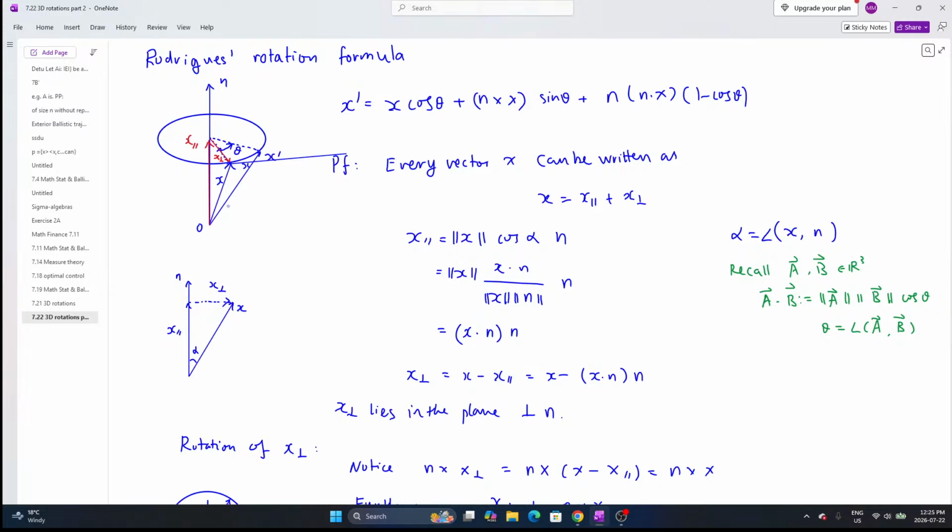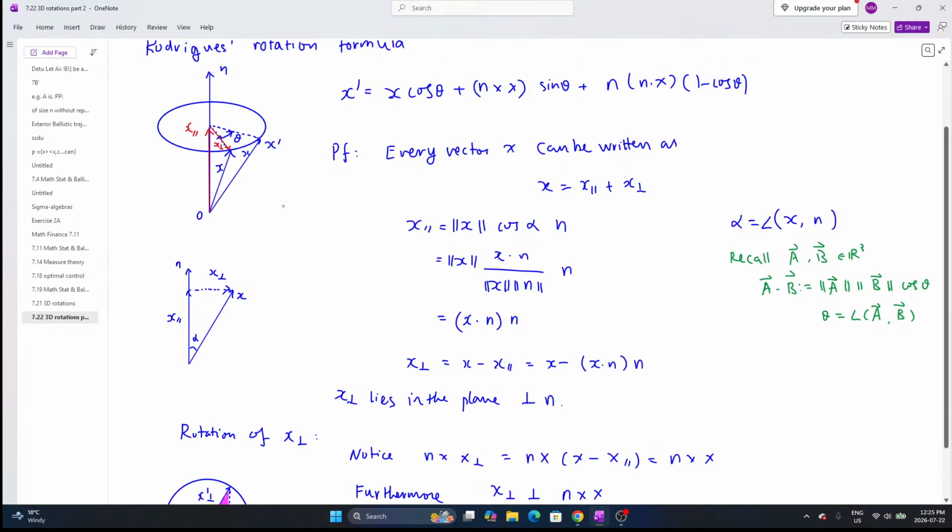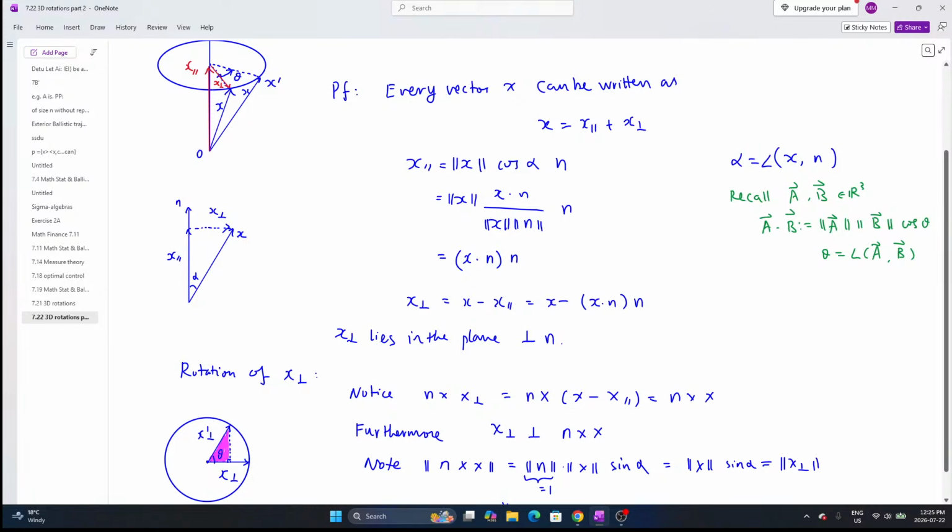Yeah, so you see n cross x goes this way, so let me just put it here on the 2D plane. Okay, so this is n cross x. Perhaps in the 3D part as well. This is n cross x.